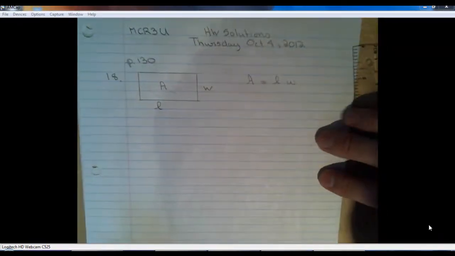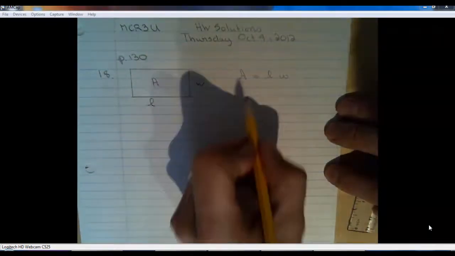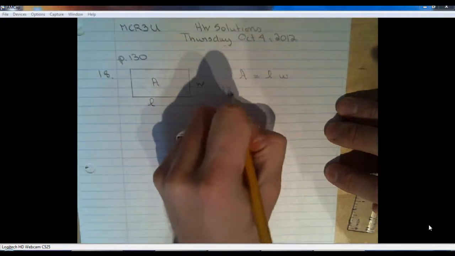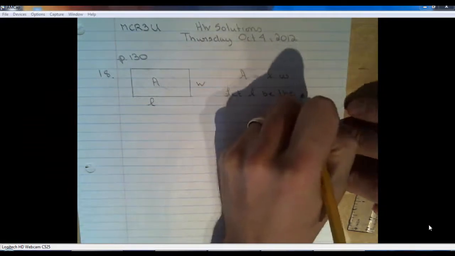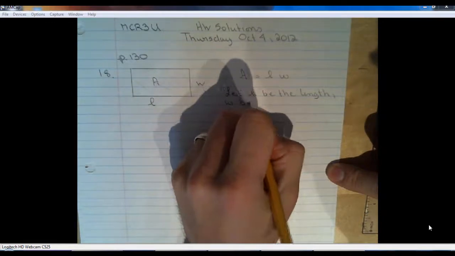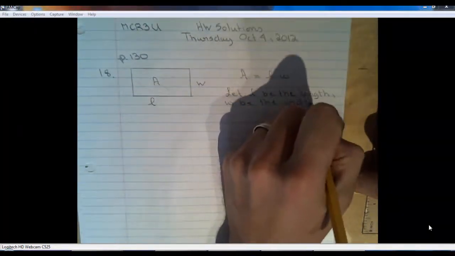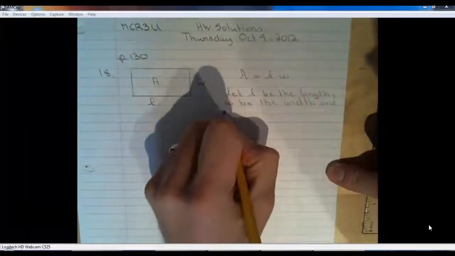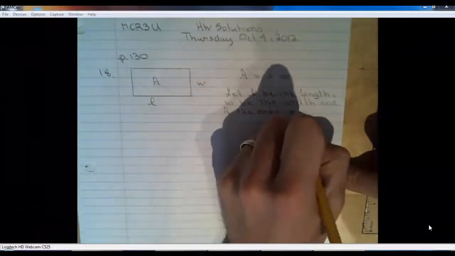Now with these word problems, you want to define variables. You want to be able to tell us what your variables mean with respect to the given problem. So in this problem, it will look like this. We're going to let L be the length, W be the width, and A the area of the rectangle.